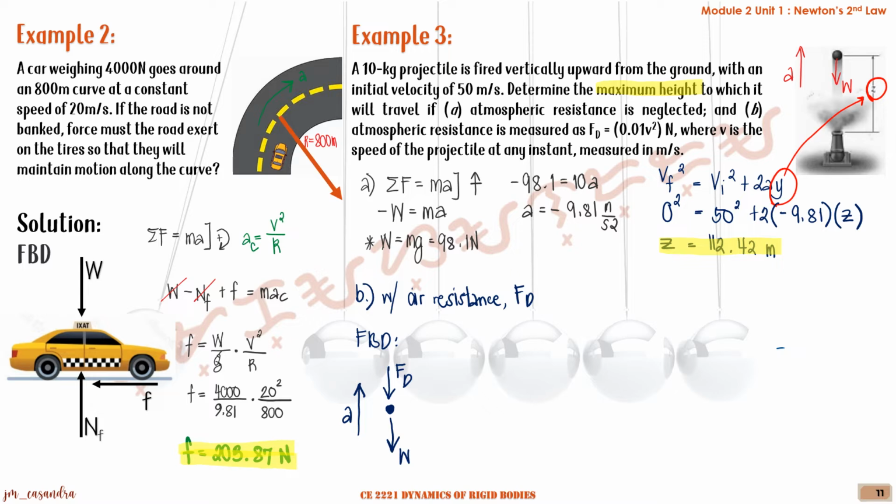Okay, so from here, we now apply our equation of motion. So we have summation of F is equal to MA. Let's have upwards positive. So writing this now, we'll have negative FD minus weight is equal to M times a.